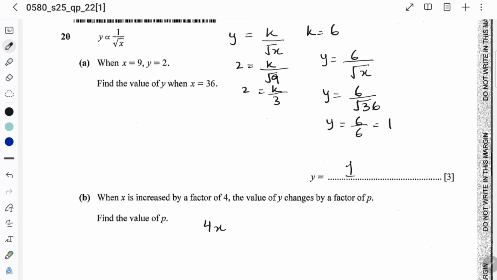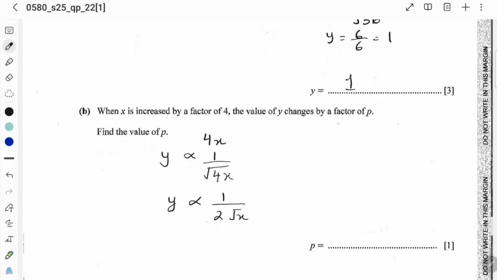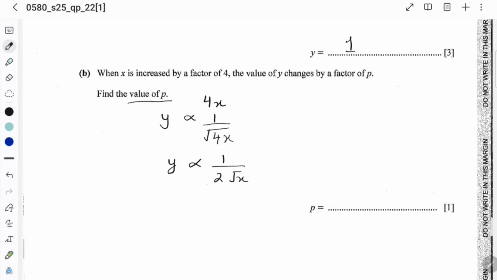So here y is inversely proportional to square root of 4x. If I write that down, y is inversely proportional to 1 upon 2 square root of x. So the change will be the value of p, we can take that it is equals to 1 over 2.